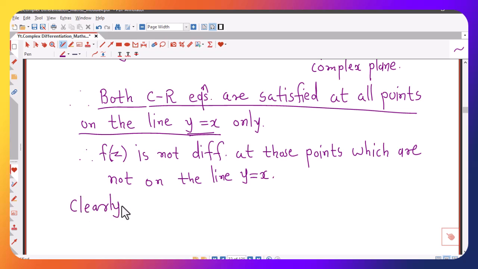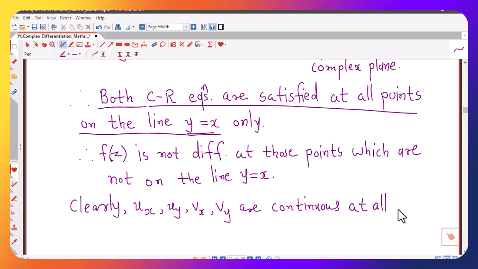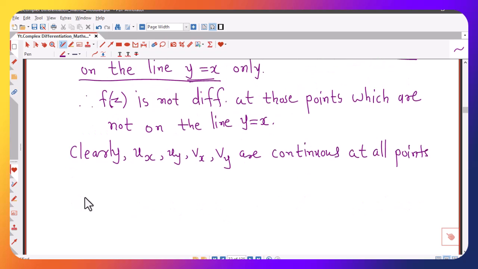There are some functions for which the Cauchy-Riemann equations are satisfied, but they are not differentiable because this condition is not satisfied. So clearly these first order partial derivatives del u by del x, del u by del y, del v by del x, del v by del y are continuous at all points on the line y equal to x.